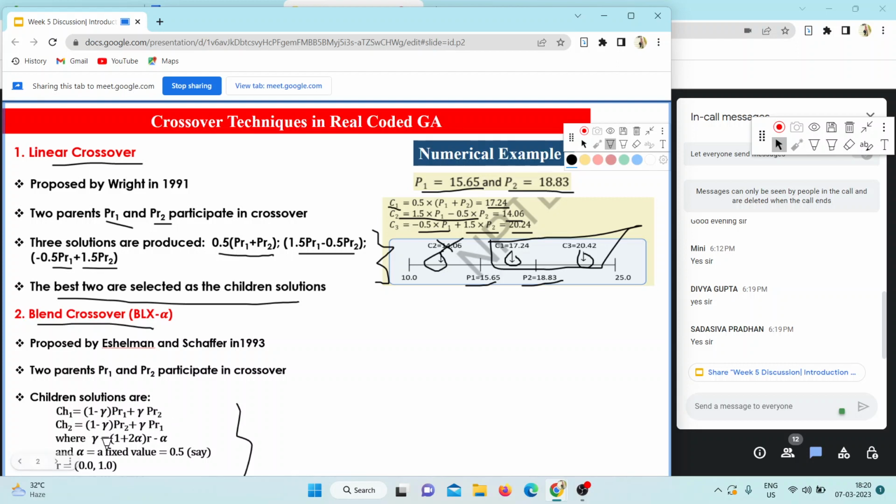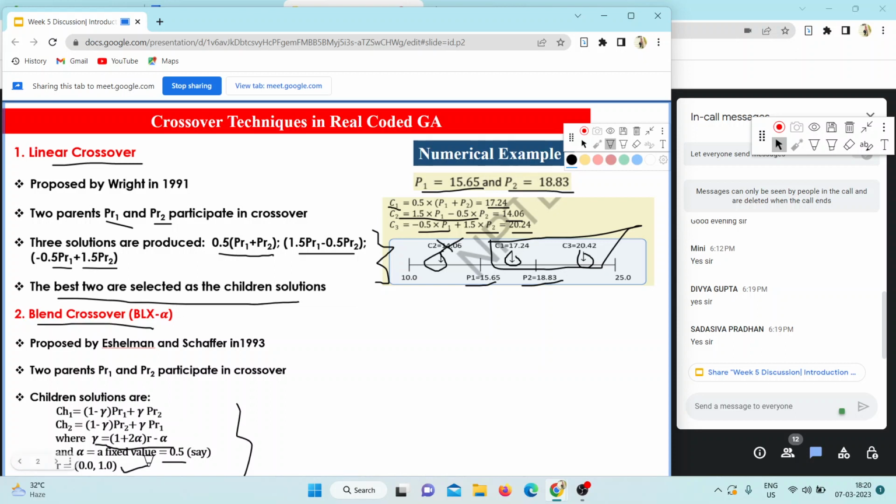Gamma is found by this equation: gamma equals (1 plus 2 alpha) times r minus alpha. Now alpha will be given to you, as well as r. Also note that the value of both alpha and r will be between 0 and 1.